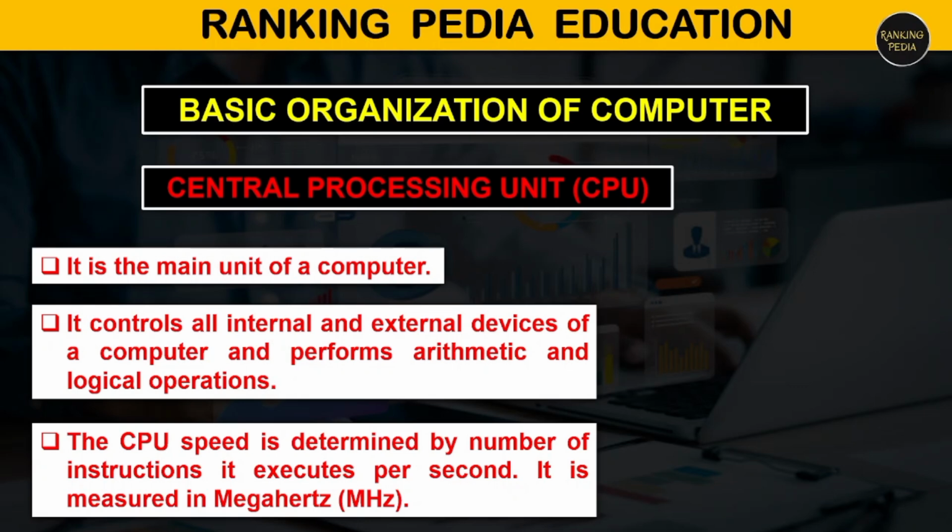A microprocessor is a type of integrated circuit built on a tiny piece of silicon. The microprocessor chip contains millions of transistors. The CPU speed is determined by the number of instructions it executes per second, and it is measured in megahertz, that is MHz.